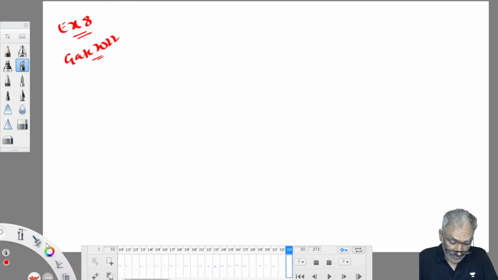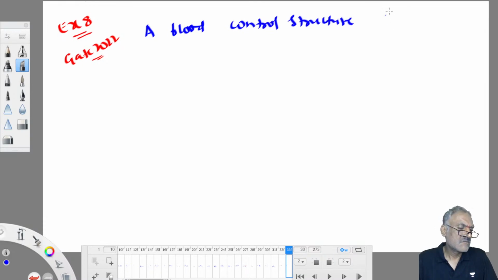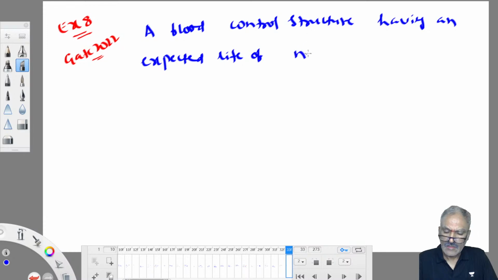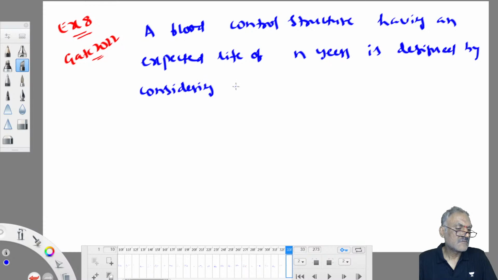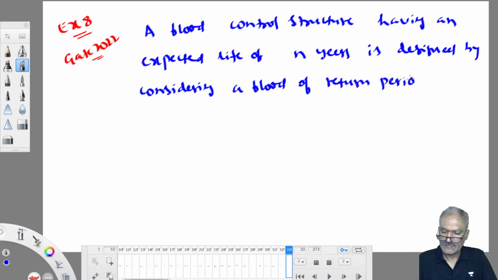A flood control structure. You try, if you get it well and good, I'll give you an idea. A flood control structure having an expected life of 10 years is designed by considering a flood of return period T years.